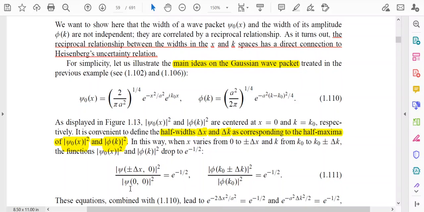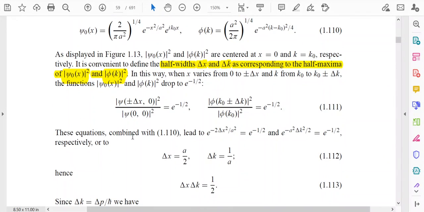This means that whenever we go plus or minus delta x from the position x is equal to 0, this ratio is equal to e to the power minus half, and similarly for the k space also.